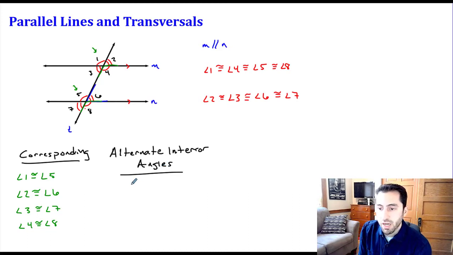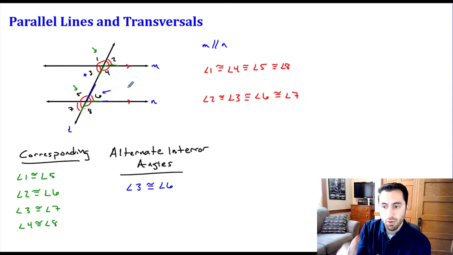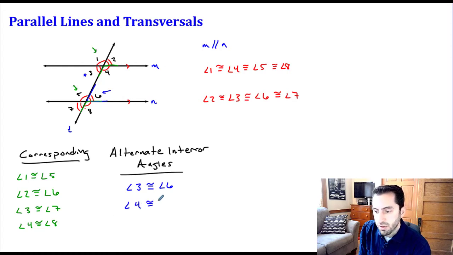So my two pairs of alternate interior, we have angle 3, and that's congruent to angle 6. Angle 3 is on the left-hand side of the transversal, and angle 6 is on the right-hand side, and they're both in between my two lines. And then the other pair we have is angle 4 and angle 5.